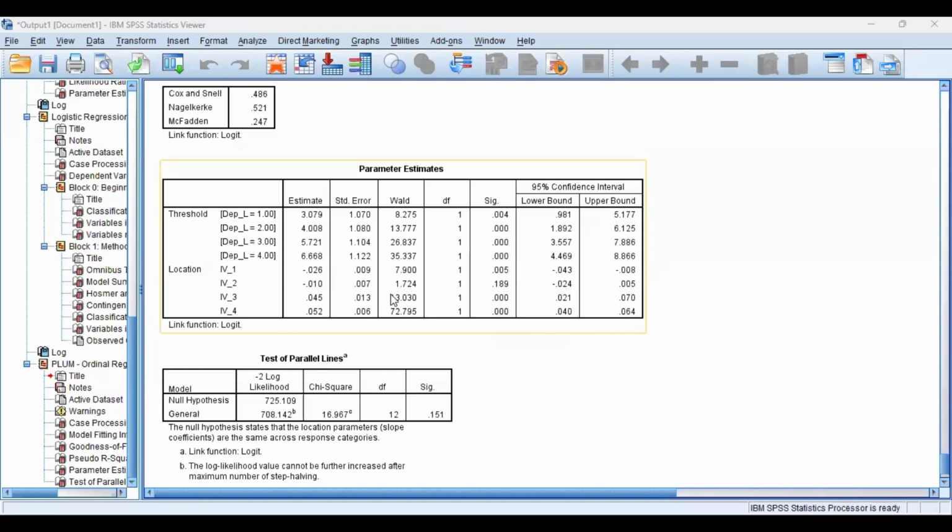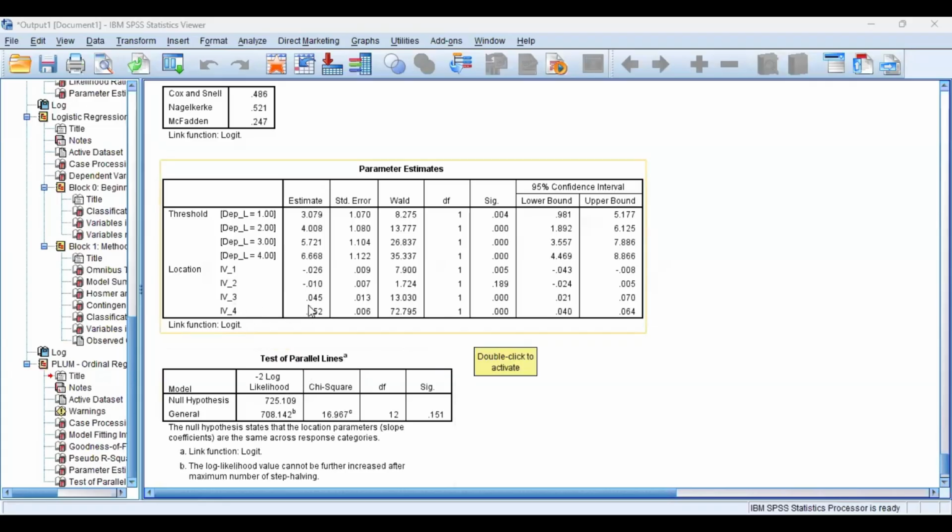Because remember that your dependent variable here is ordinal. That means that it starts from normal depression to mild, moderate, severe, and extremely severe. So if you have a significant coefficient here, you first check the direction of that coefficient. For example, let's start with the positive one that is easier to interpret.